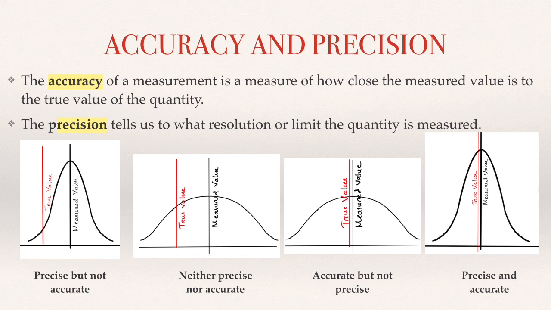And if the mean value corresponds with the true value, then this is an accurate one. So in the figures we can determine statistically whether the measured value is a precise one or an accurate one or both or neither of it.